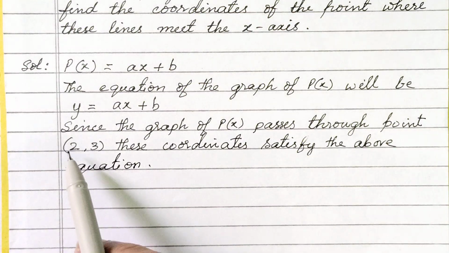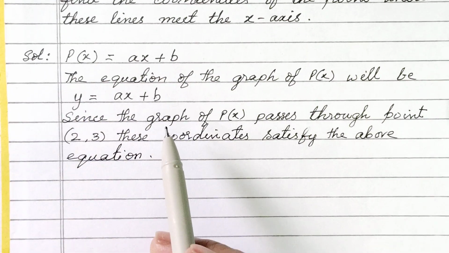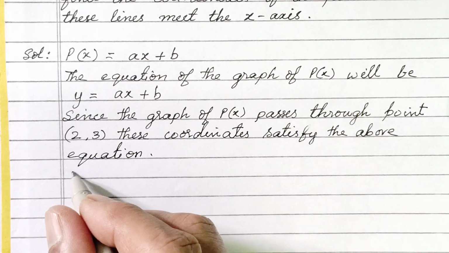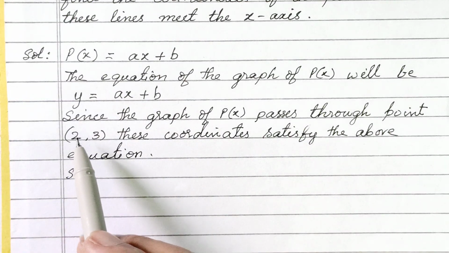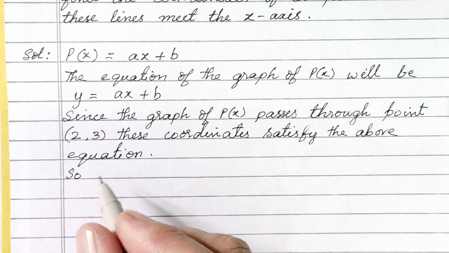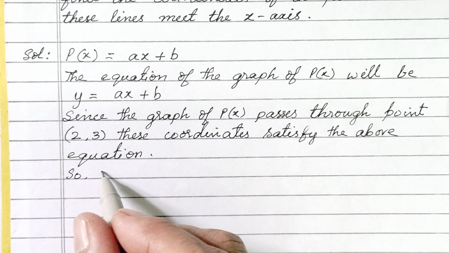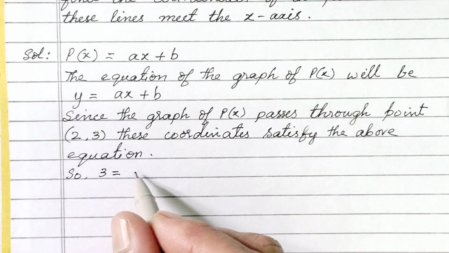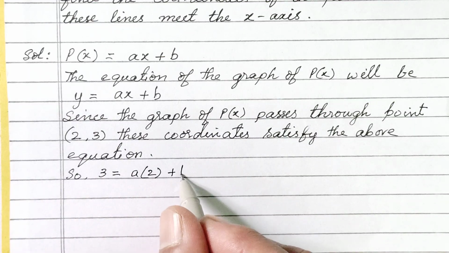That means these coordinates satisfy this equation. So I can put the value of x and y in this equation. So this equation will become, y is 3, so 3 will be equal to a into 2 plus b.